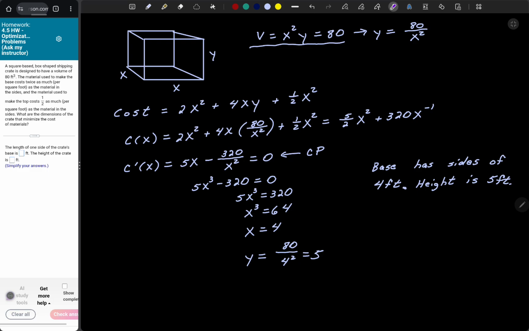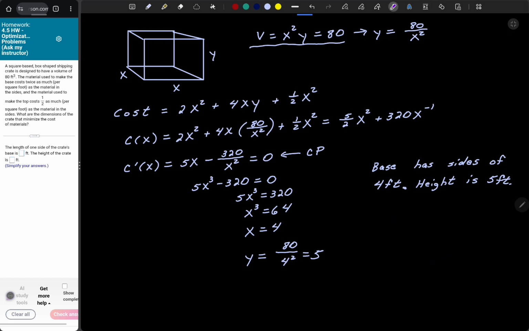The other way is to take the second derivative, which ends up being positive. Positive means the function is concave up, so it has to be U-shaped, and the critical point at 4 has to be a minimum.